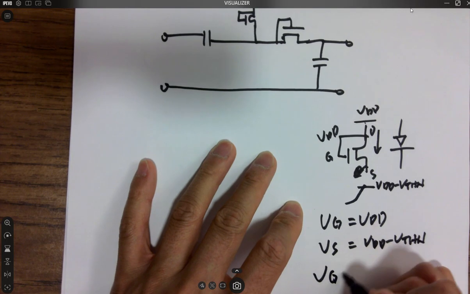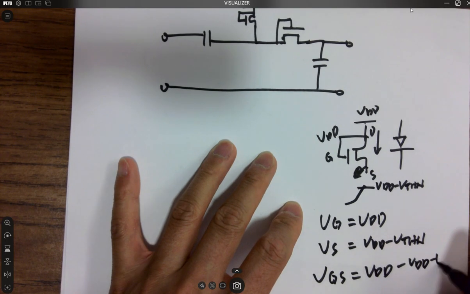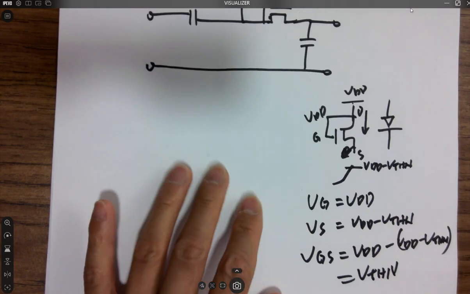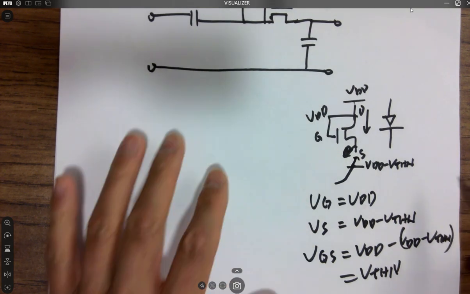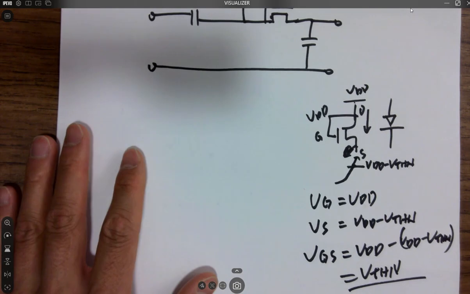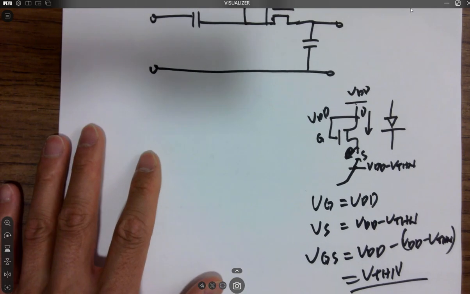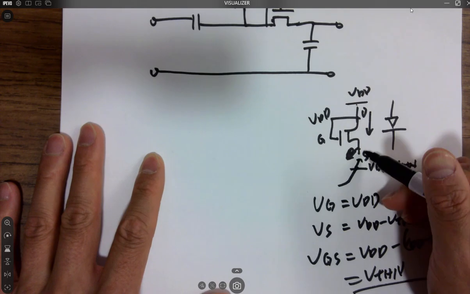So VGS becomes VTHN, which is what is required to keep this on, right? So if this keeps going up, it will shut off because it will not meet this requirement anymore.